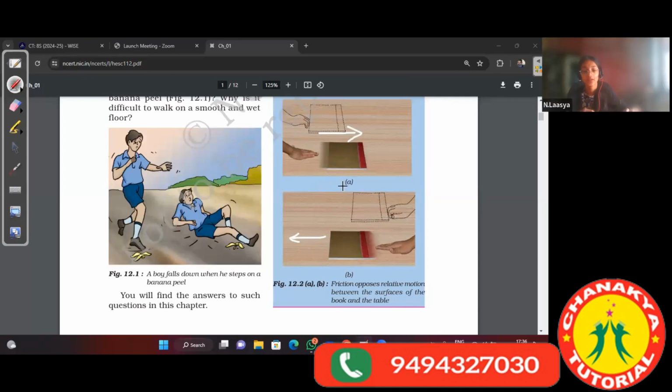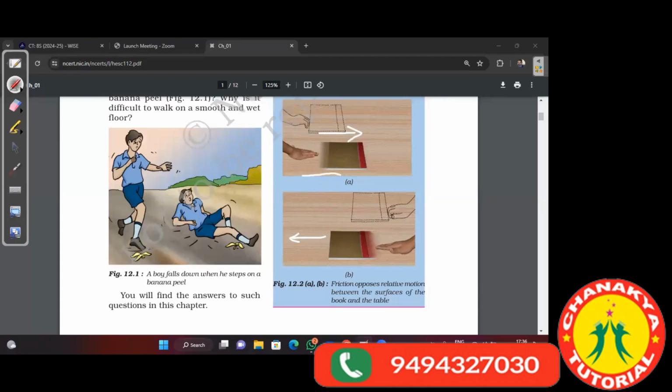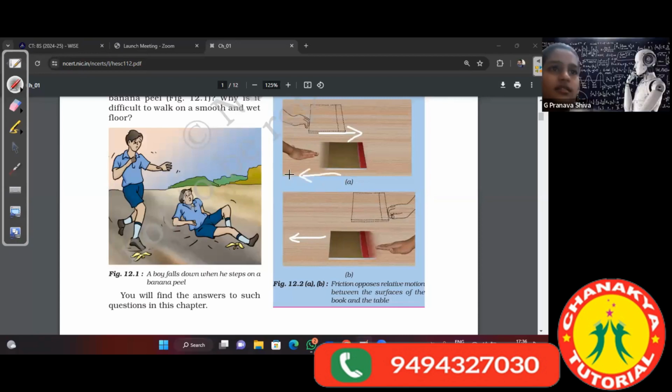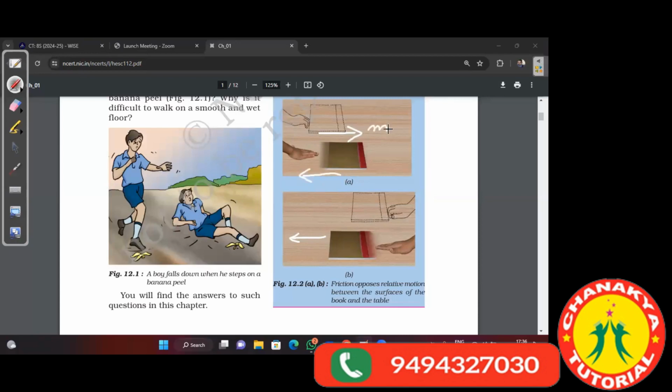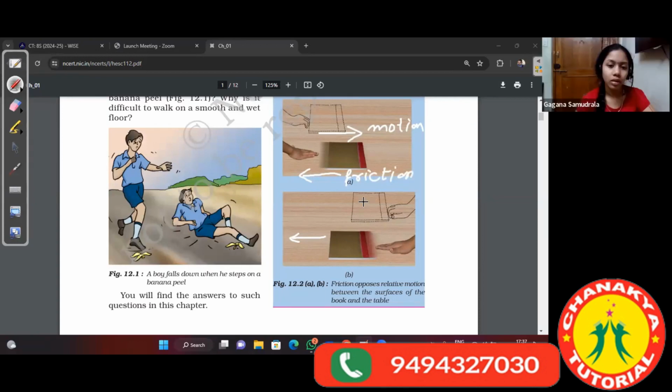The opposite direction, that means towards the left. So this is the direction of motion in the first case, and in the second case this is the direction of friction. So can we say that friction is opposite to motion? Yes, sir.